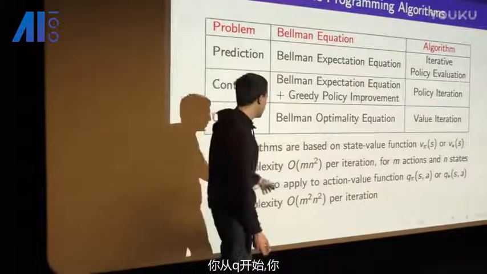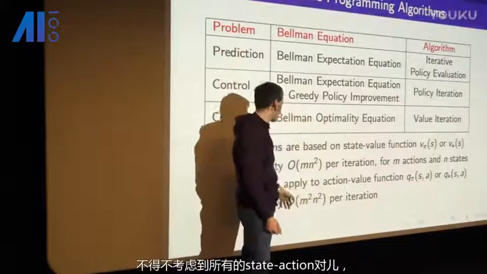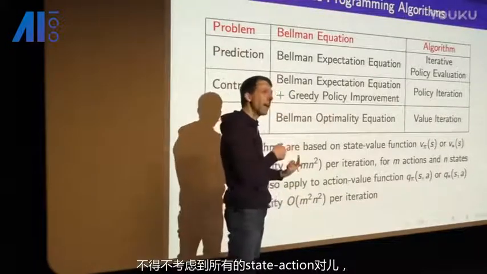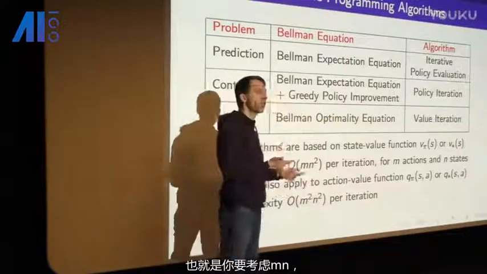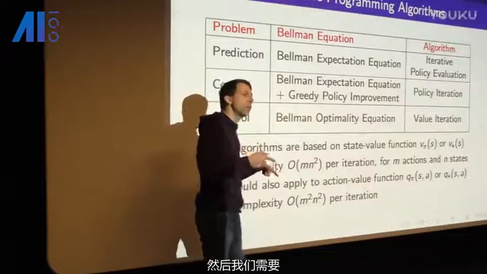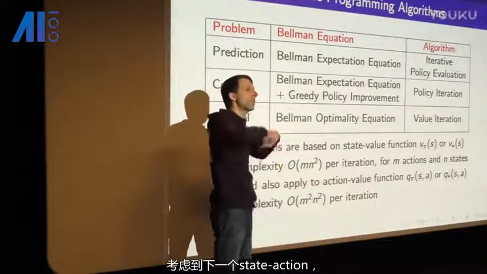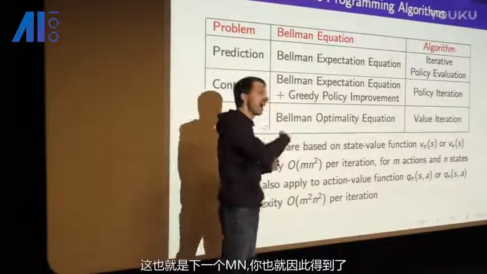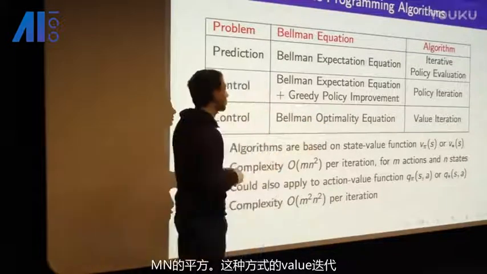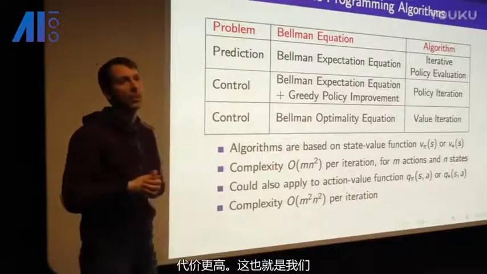You start with your Q, so you have to consider all state action pairs, so that's mn things that you consider, and now we're considering all next state actions that we take at the successive step, which is another mn, so you get m squared n squared. It's just a more expensive version of value iteration.